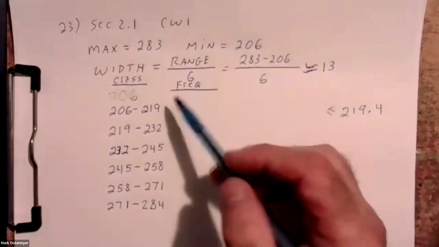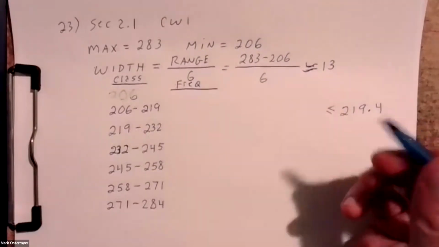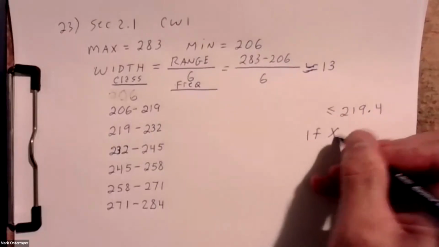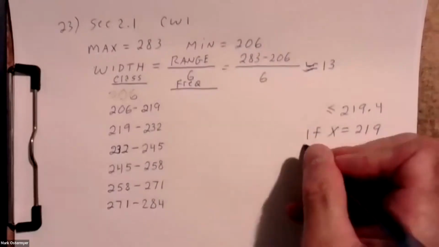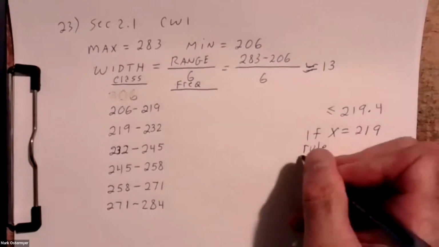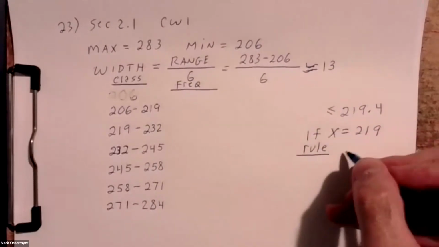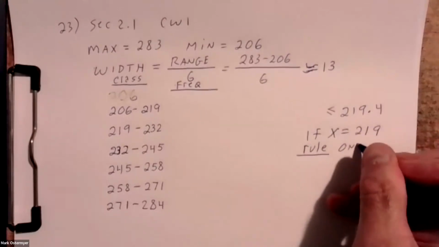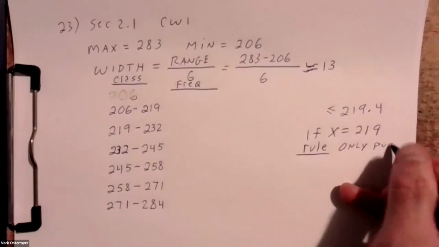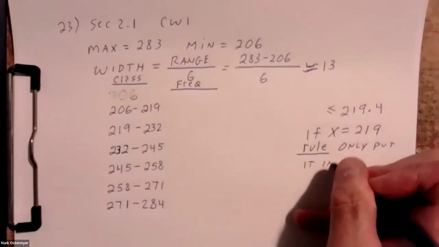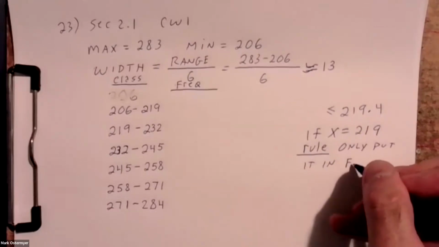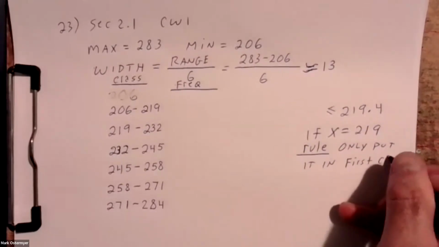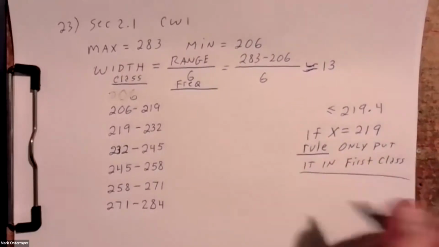It really doesn't matter to me. If we have a data point that's 219, so if X is equal to 219, let's say we have an observation in our data set that is 219, the rule we'll use as a class is that we will only put it in the first class, not the second class.